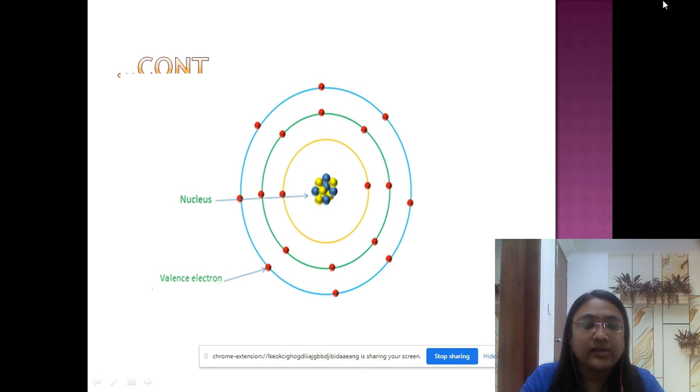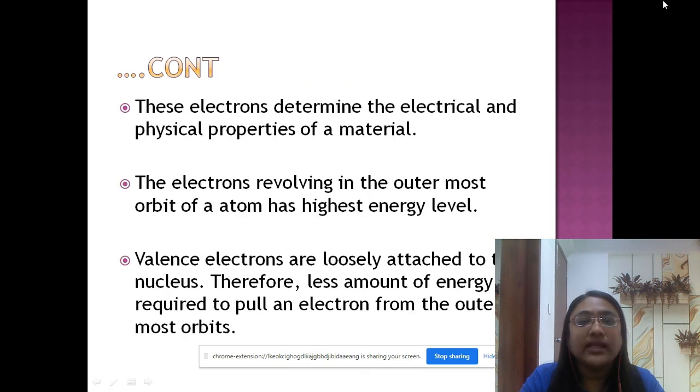This is the valence electron shown in the figure. Valence electrons determine the electrical and physical properties of the material. They have the highest energy and are easy to lose, because they don't have that kind of attraction with the nucleus, so they can be easily lost by an atom.